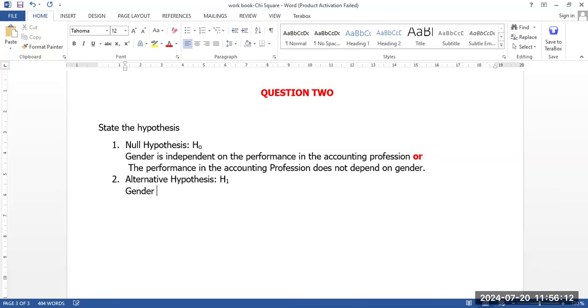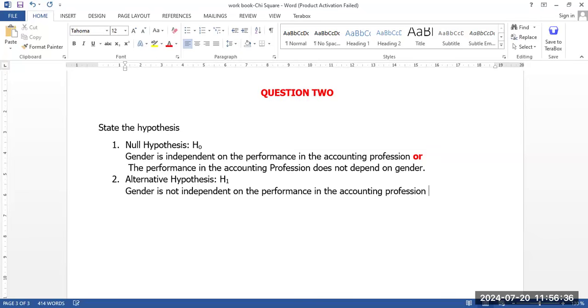Gender is not independent on the performance in the accounting profession.